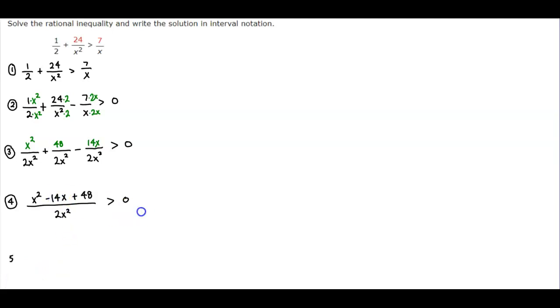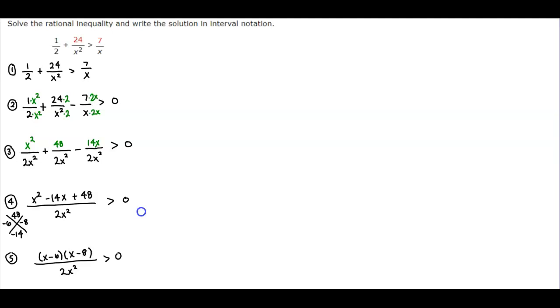If we factor this, we have positive 48 and negative 14. What two numbers multiply to get positive 48 and add to get negative 14? We get negative 6 and negative 8. So this factors to be x minus 6 times x minus 8.